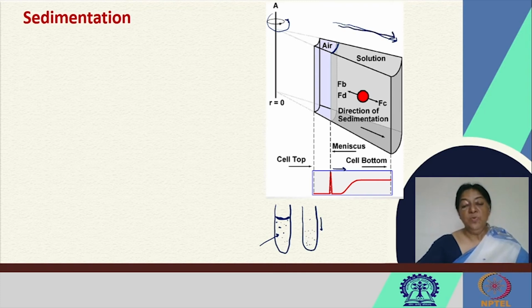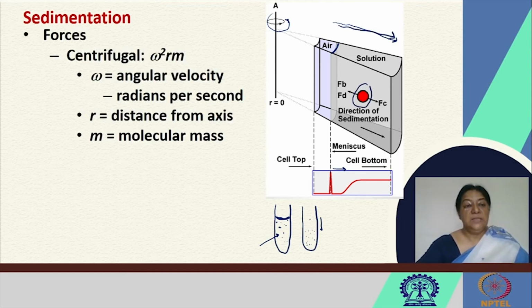As we move along this, there are several forces acting on our specific molecule. There is the centrifugal force, which is given by the angular velocity in radians per second, the distance from the axis, and the molecular mass, which is important depending upon our system of interest.